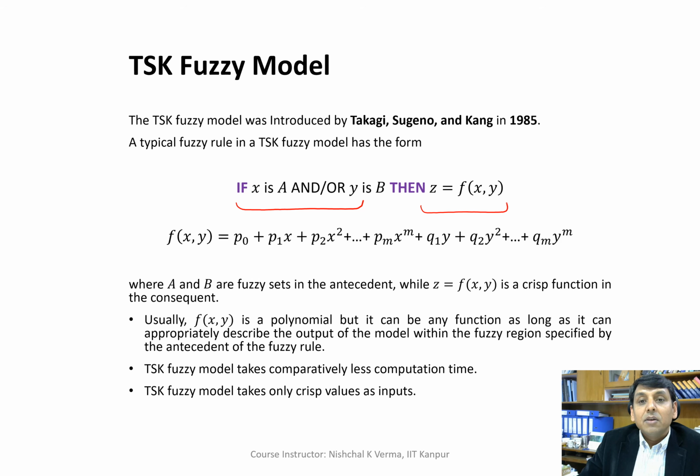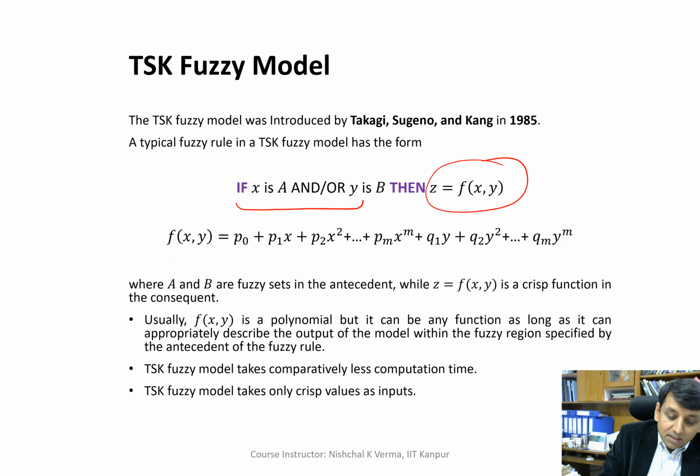Whereas when it comes to the consequent part, here there is a significant difference. What is this difference? In the TSK fuzzy model, we have the output in terms of a polynomial.